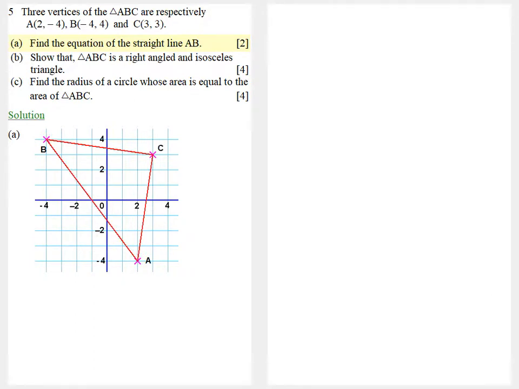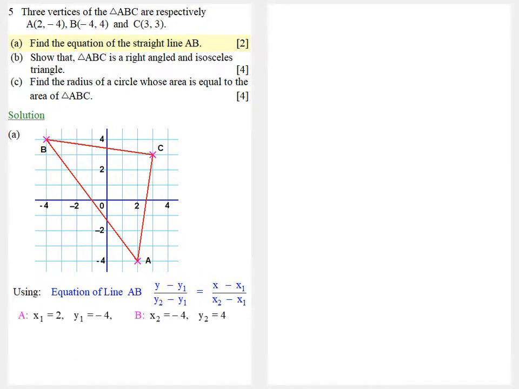Now, using the equation of the line formula for AB, (y minus y1) over (y2 minus y1) equals (x minus x1) over (x2 minus x1). For A, x1 is 2 and y1 is minus 4. And for B, x2 is minus 4 and y2 is 4.